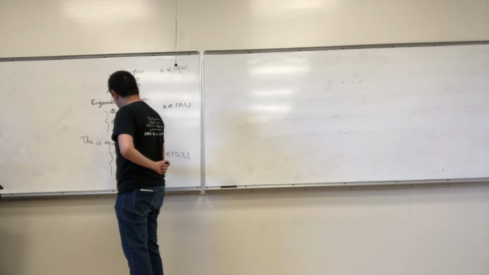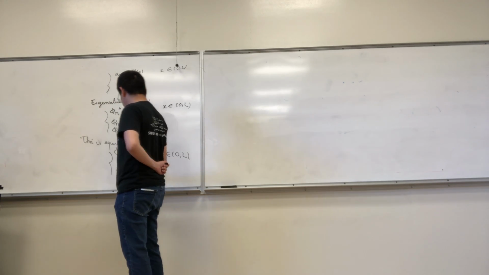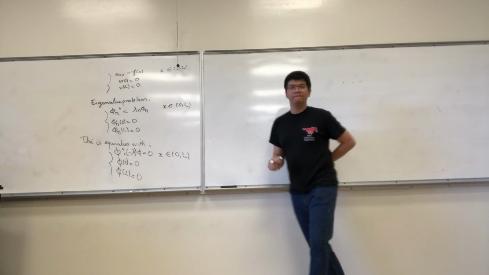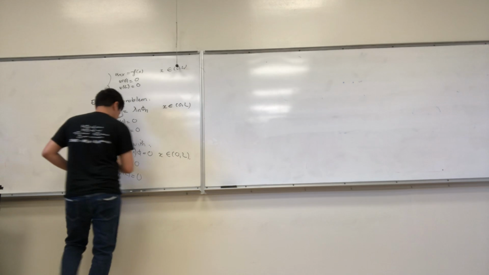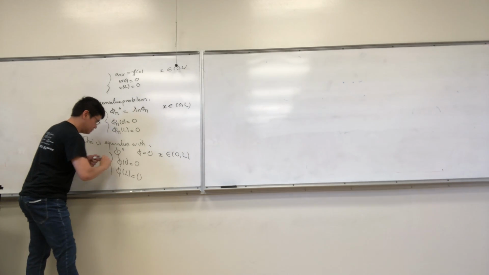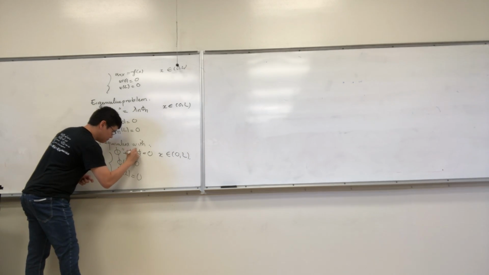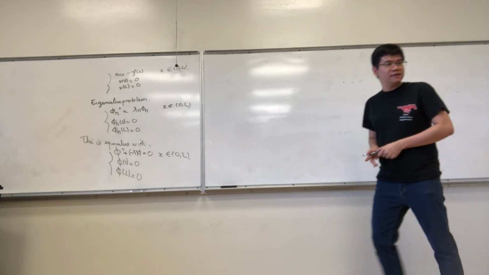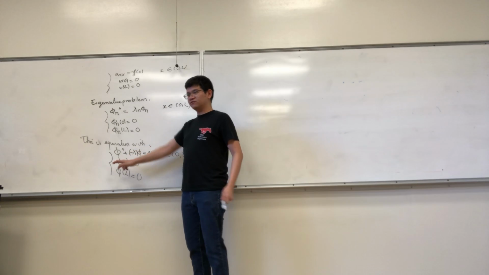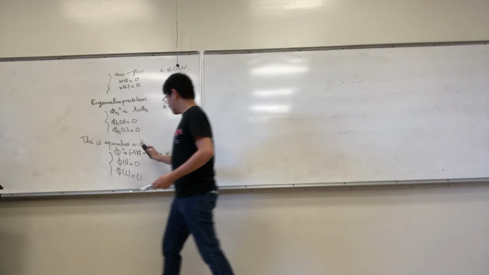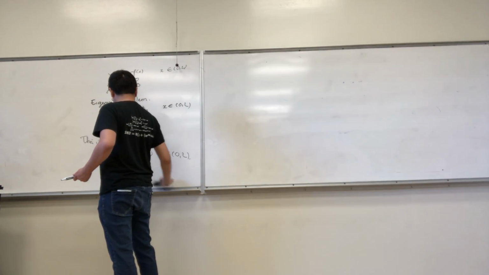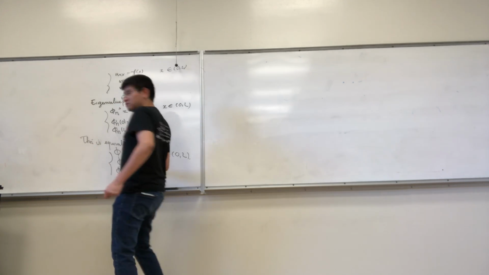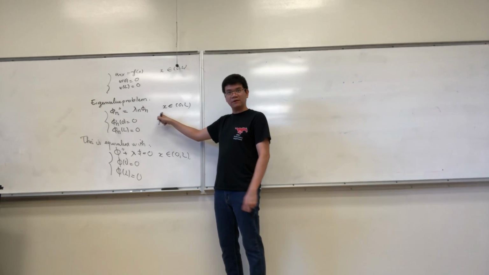So let me put a minus on theta, this is a minus lambda, all right? So in the exam, in the homework, if I ask you to solve this problem, this is the same as this one.